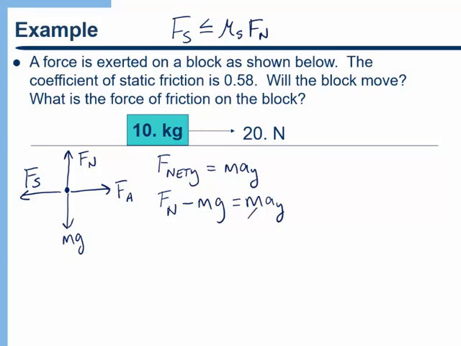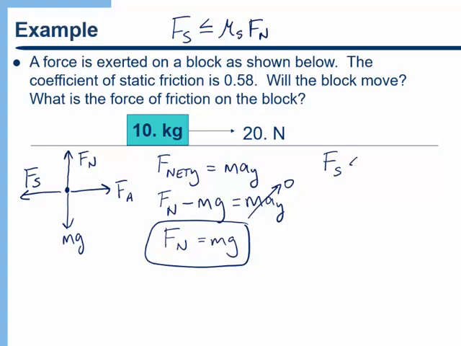And therefore, the right-hand side becomes 0, and we learn that the normal force is equal to mg. Notice that that's always going to be true when your object is on a flat surface and there are no other forces acting in the vertical direction.